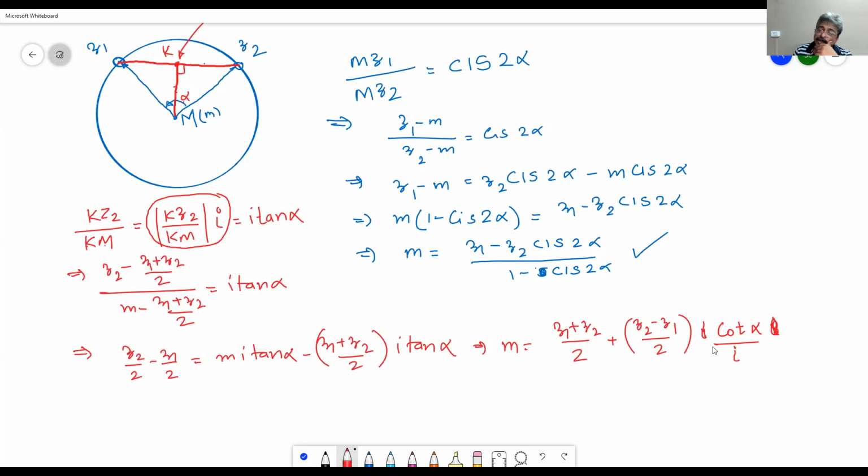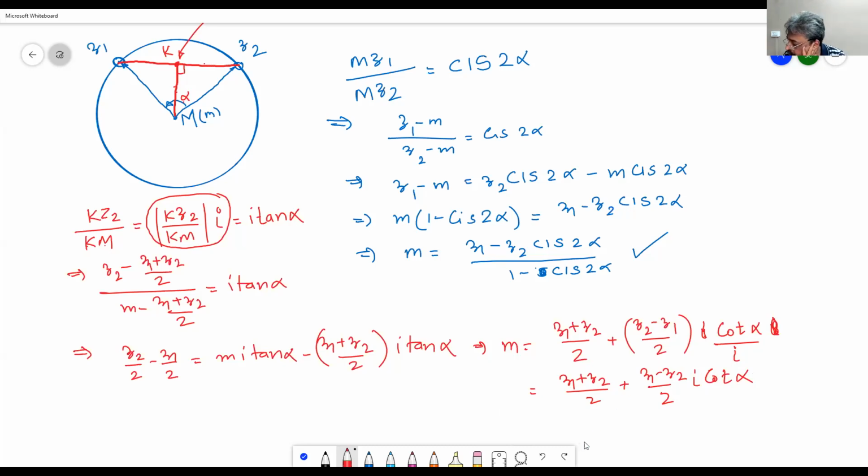And therefore, if we want to have this i in the numerator, we can have it by doing Z1 plus Z2 upon 2 minus, is that correct? Or we can keep it plus and take the minus inside the bracket, Z2 upon 2i cot alpha.